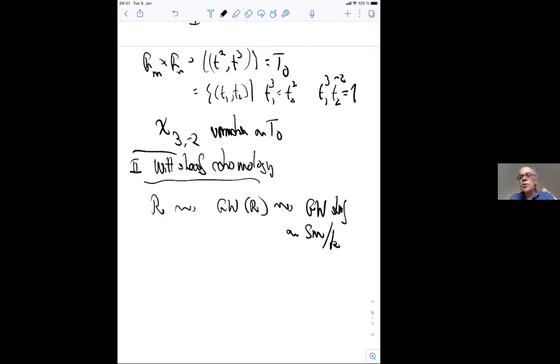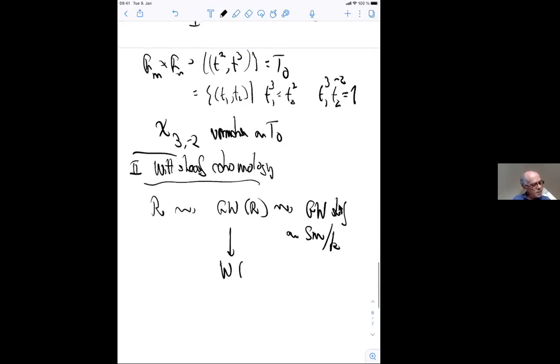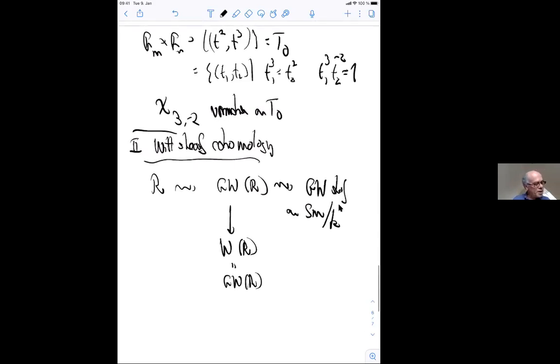It's a natural functor. Then you also have the quotient, the Witt ring, which is the Grothendieck-Witt ring modulo, for a field, the so-called metabolic things, but for local rings, modulo hyperbolic things. That's all we need.